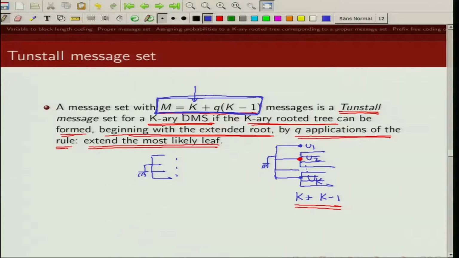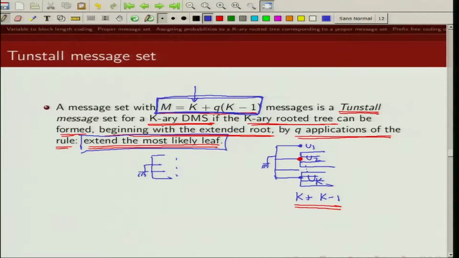Now what I am saying is that this proper message set is going to be a Tunstall message set only if you follow this rule, that each time you try to extend a leaf, you extend only the most likely leaf.